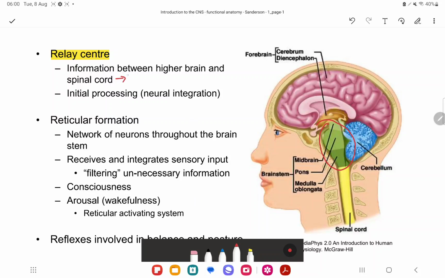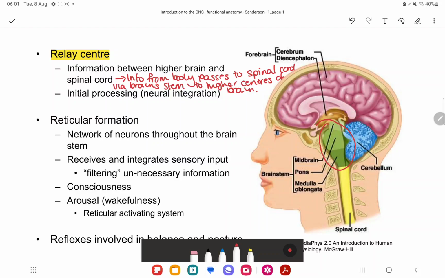So what she actually means is info from the body passes to the spinal cord, and it goes via the brainstem to higher centers of the brain.